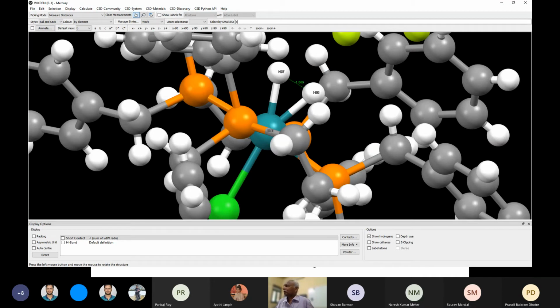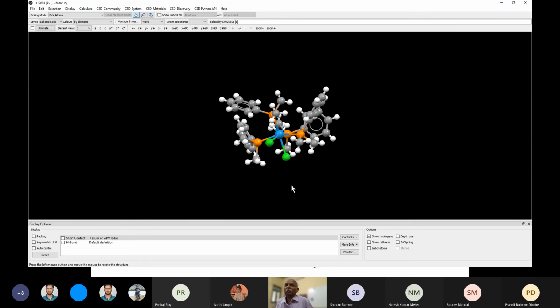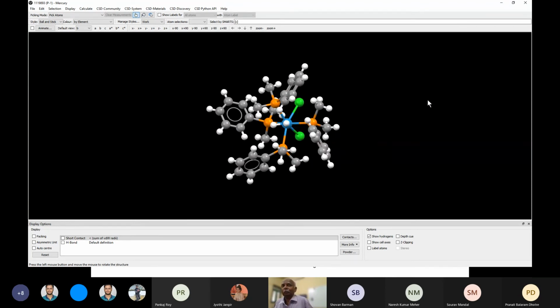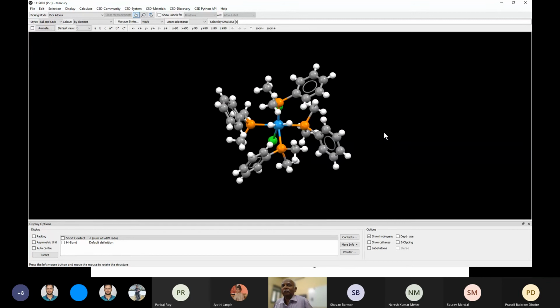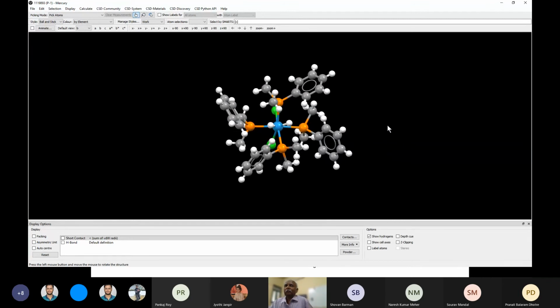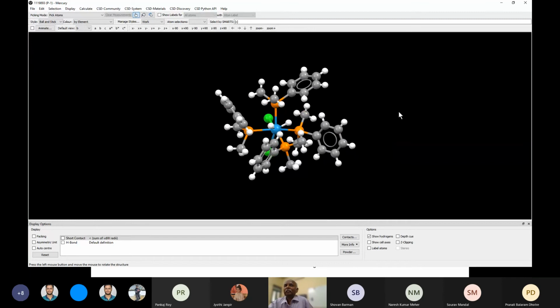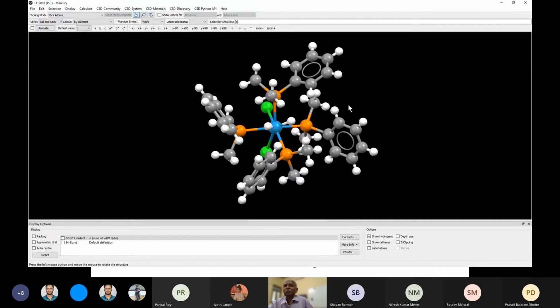Some more systems. One thing that I have not mentioned, which I wanted to mention, was the fact that hydride ligands can bridge. Here is an example where the hydrogens are shown as hydrides, two hydrides. This is now a tungsten species.